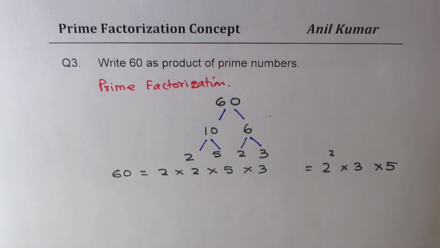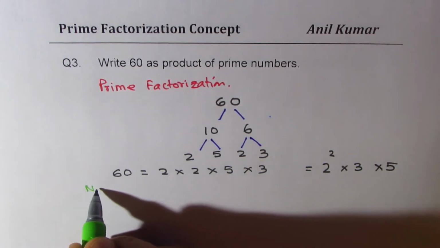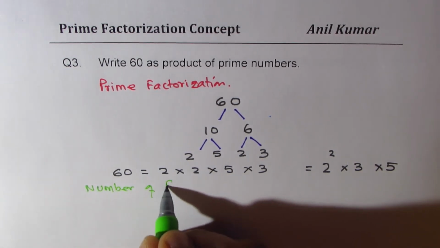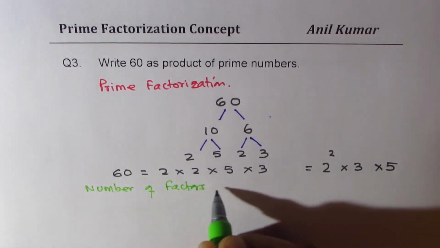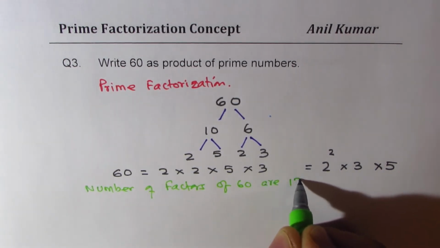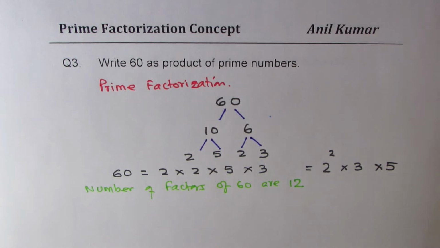So we know one thing for sure, that the number of factors of 60 are 12. So we have 12 factors. Now, how do we get this answer from prime factorization? This is what we need to understand. Now, that's the critical part of our video.